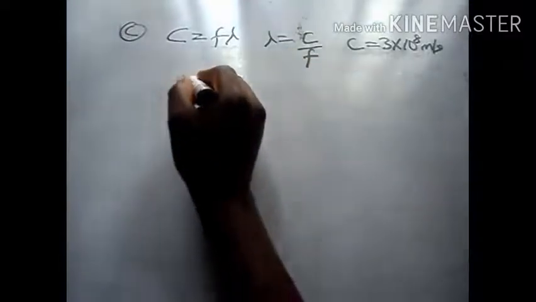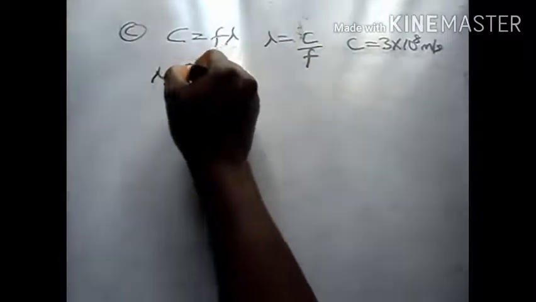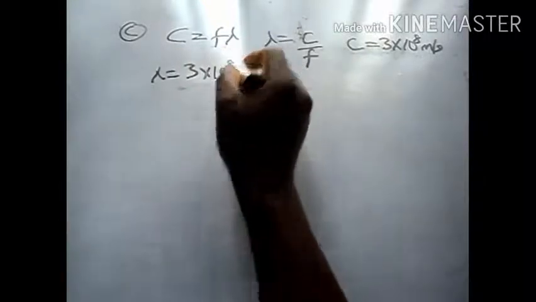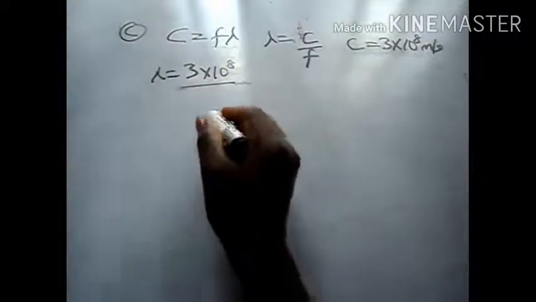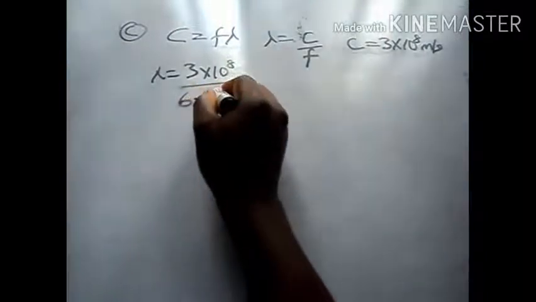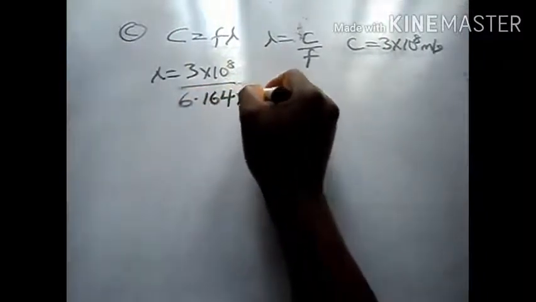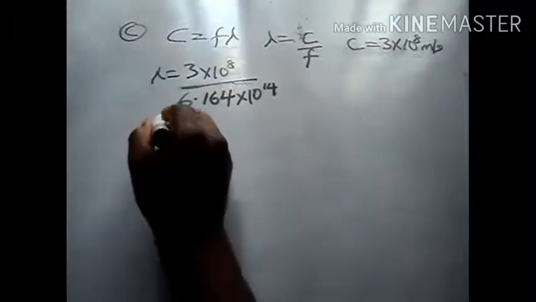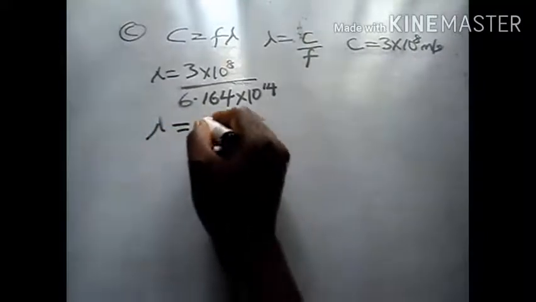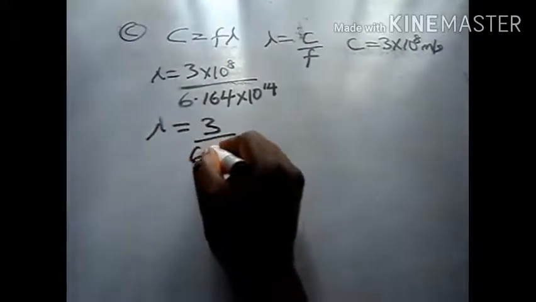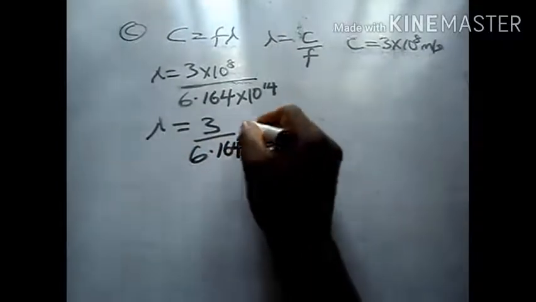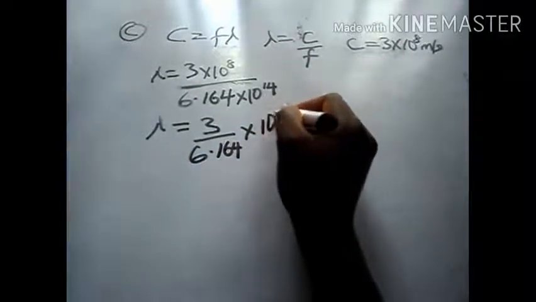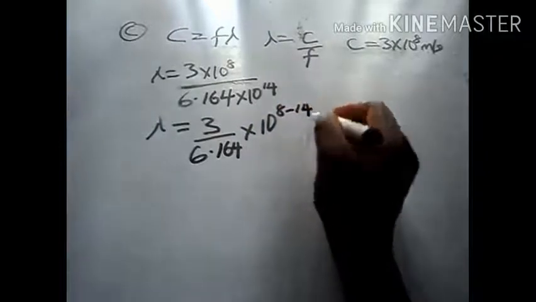So now that we've made lambda the subject of the formula, we have lambda equal to 3 times 10 raised to power 8 divided by the frequency that we got, 6.164 times 10 raised to power 14. That's the frequency we got, and our lambda will now be 3 divided by 6.164 multiplied by 10 raised to power 8 minus 14.